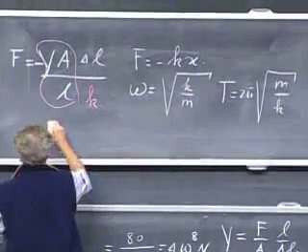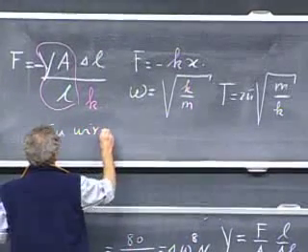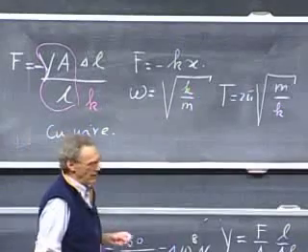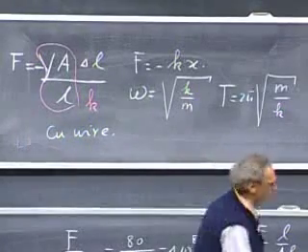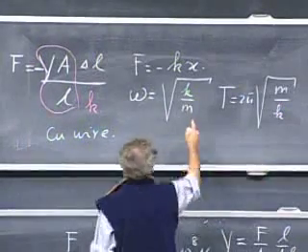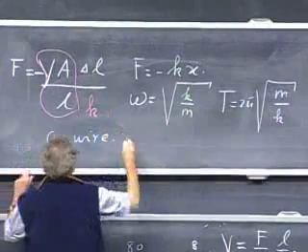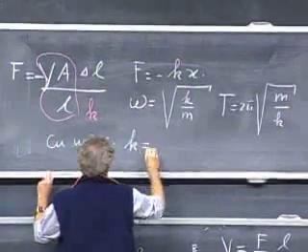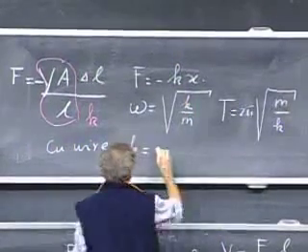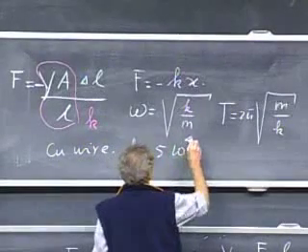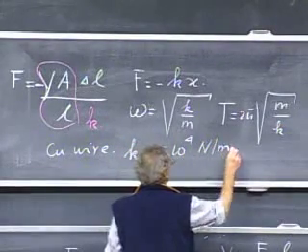So if I take our copper wire, then depending upon the mass that I hang on it, I find in any case for this value k, 5 times 10 to the 4th newtons per meter.